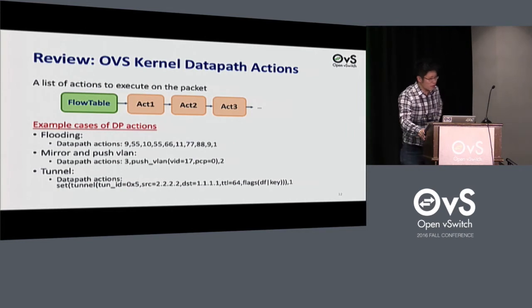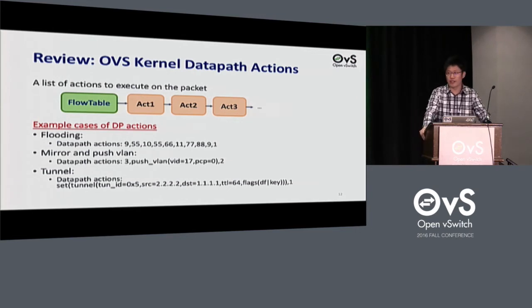This is a review of how current OVS kernel data paths work. If you want to do, for example, flooding, the data path action is just a list of port numbers. You get the packet and then forward it to port number 9, number 15, number 10, for example. If you want to do port mirroring and push a VLAN, then we have a data path action called set VLAN.